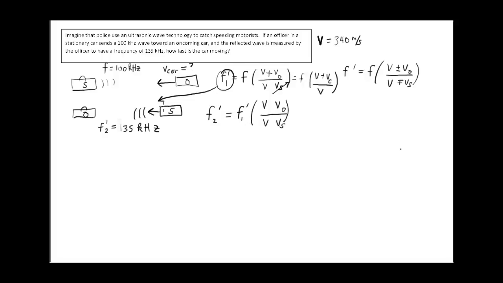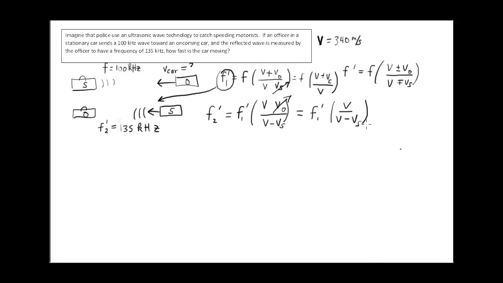So the source speed is the car speed. VO, the observer, is the police officer who's not moving, so that goes away. And since, again, the source is moving toward the observer, then we use the upper sign, which in this case is the minus sign. So then this just becomes f1 prime times v over v minus Vs.